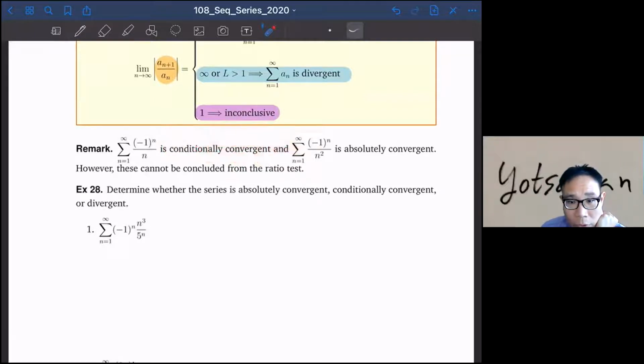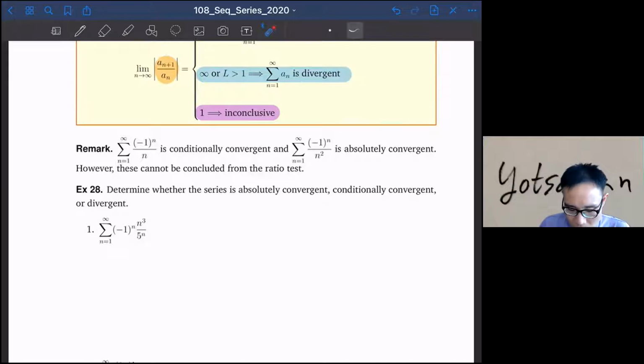You can try it on your own. And for this other series, the limit of the absolute value of a_{n+1} over a_n is also equal to 1, but it turns out to be absolutely convergent. So we cannot conclude anything when the limit of the ratio equals 1.